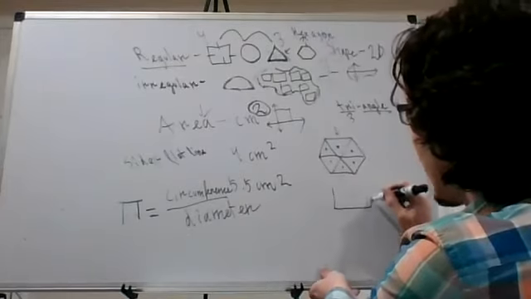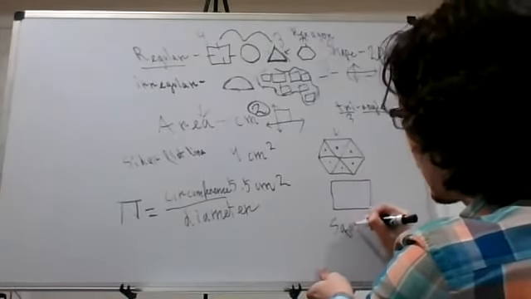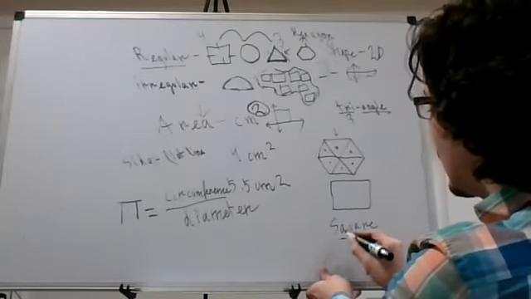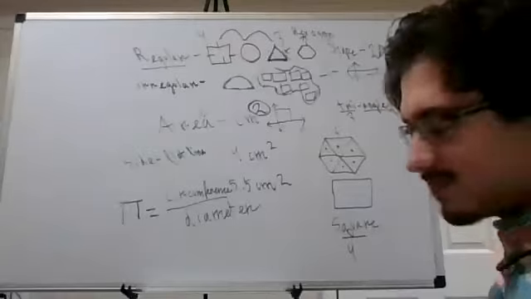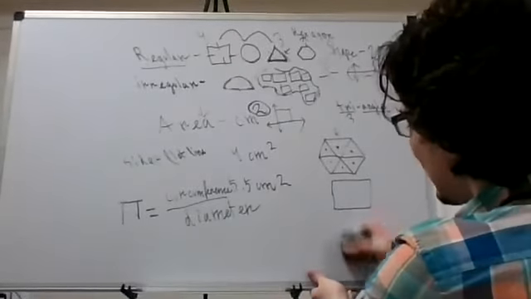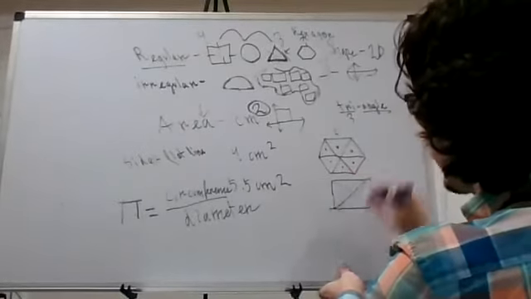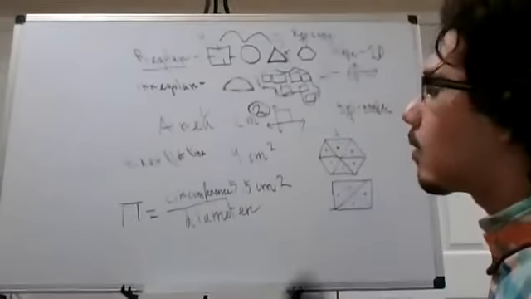In a square, the word square, this little word QUA means 4. Because a square has 4 sides, you can fit 4 triangles into it, or a rectangle.